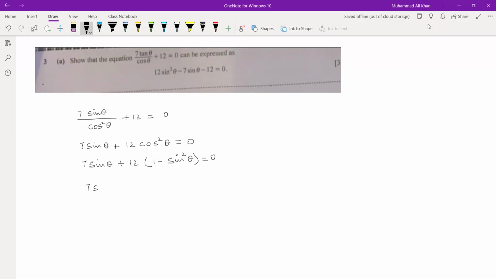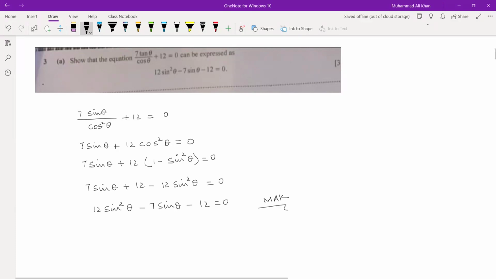So 7 sine theta plus 12 minus 12 sine squared theta equals to 0. So 12 sine squared theta minus 7 sine theta minus 12 equals to 0. And this we have to prove in the first part of question number 3.